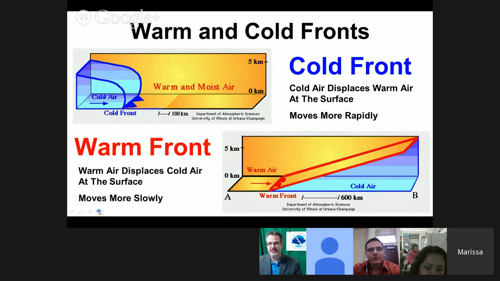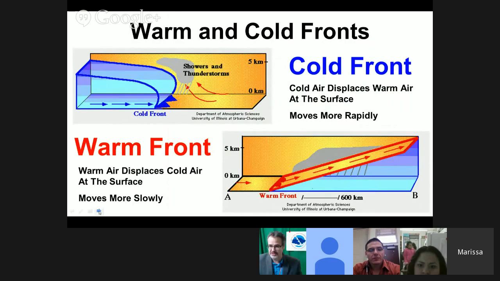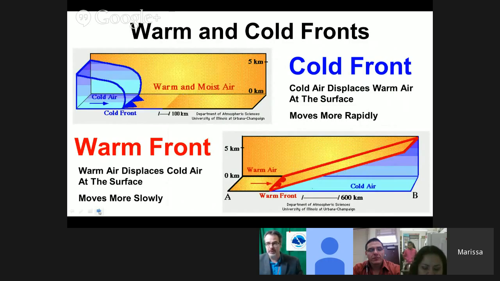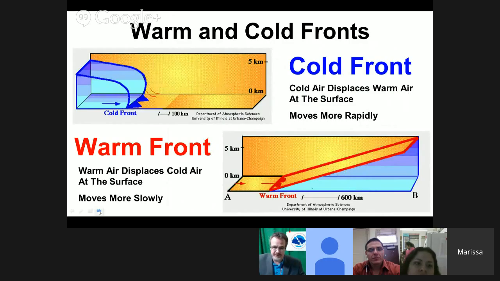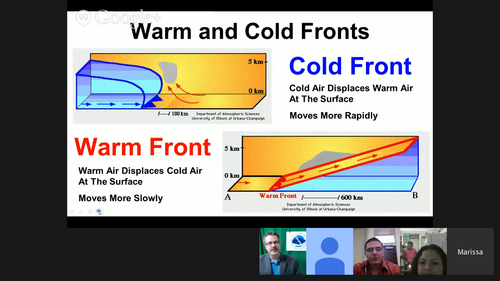And in both cases, what is going to happen, you're going to get like a little wedge there, like the wedge that you would hold your door open with. You're going to get warm, moist air that goes up over cold air. Let's go back to this image, and you can see it's a gentle slope with the warm front, but it's a very sharp edge with the cold front. So we have gentle lifting with a warm front.